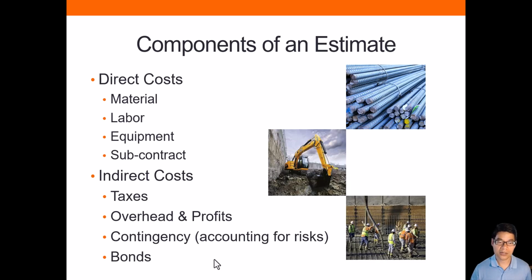As long as your company is running, you have to have some project management team who is going to manage the company or the construction projects. You have to pay salaries to that kind of personnel. Contingency accounts for risks and bonds. That's also part of your indirect cost. In the next couple of slides, we're going to dive into those a little more.